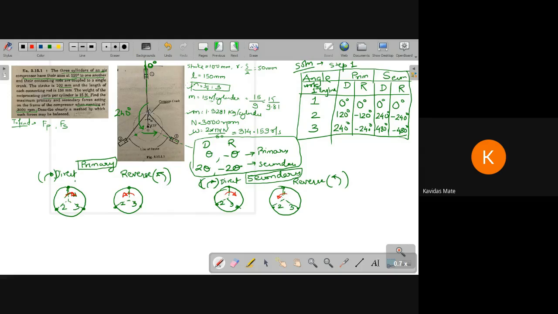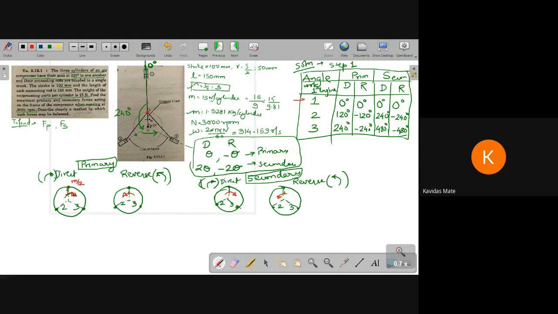When the crank is at this particular position, the mass will be kept at this particular location. Where is that location? I said that this is at 0 degrees. So m by 2 is kept at what? At m by 2.